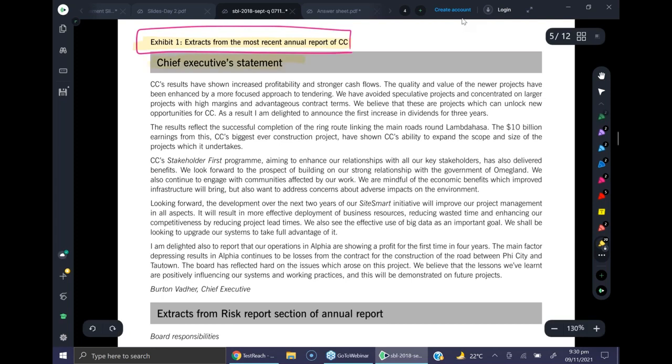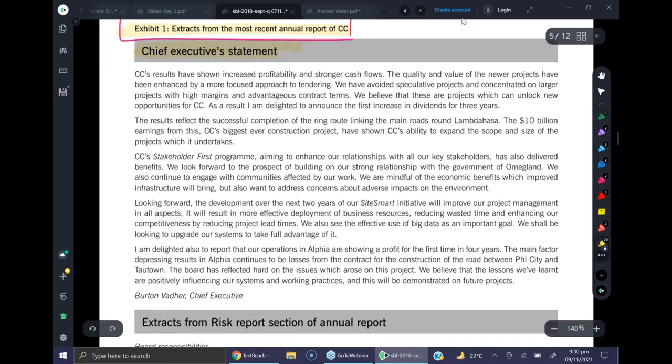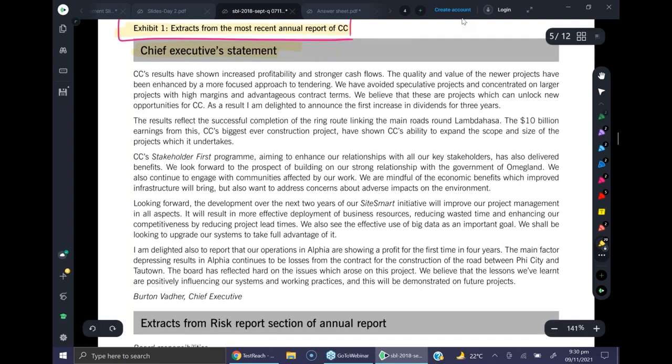The Chief Executive Statement is given in Exhibit 1, an extract from the most recent annual report. It says that CC's results have shown increased profitability and stronger cash flows. The quality and value of the newer projects have been enhanced by a more focused approach to tendering.